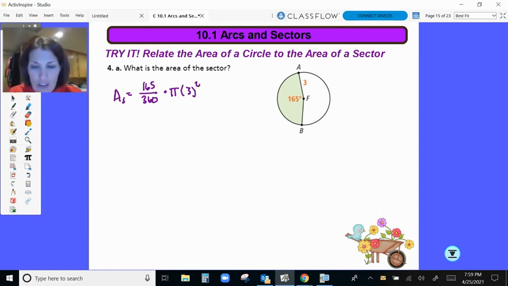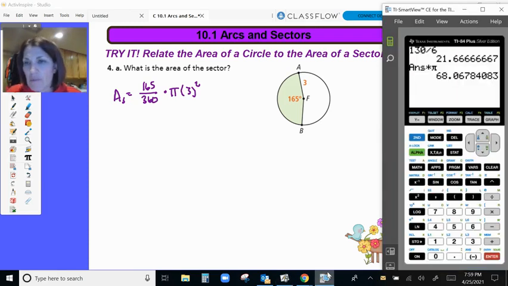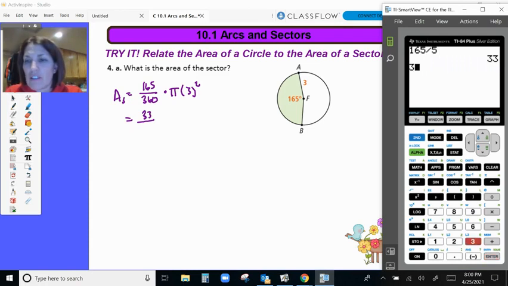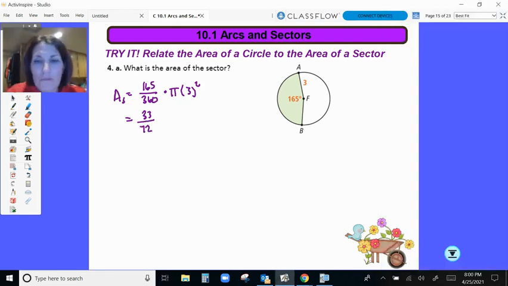My 165, I'm just going to divide this by 5 and see what happens here. 165 divided by 5, and I get 33, and 33 is just 3 times 11, so it's not going to be divisible anymore, I don't believe. So we're going to get 33 divided by, and then 360 divided by 5 is 72.